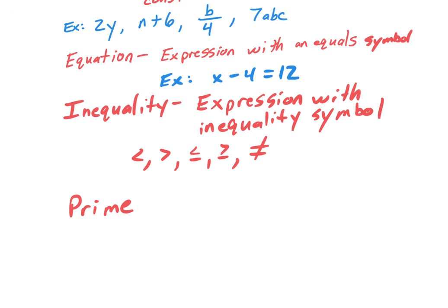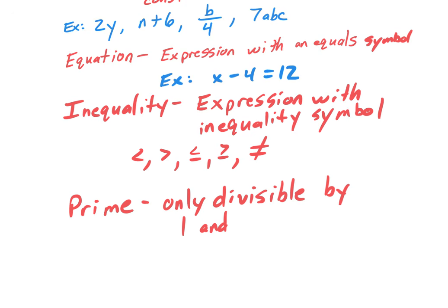Okay, so 3 is a prime number. What would be another example of a prime number? 7. 5. So odd numbers. Okay, could be. Is 9 a prime number? No. How come? Divisible by 3. So a prime number can only be divisible by 1 and itself.